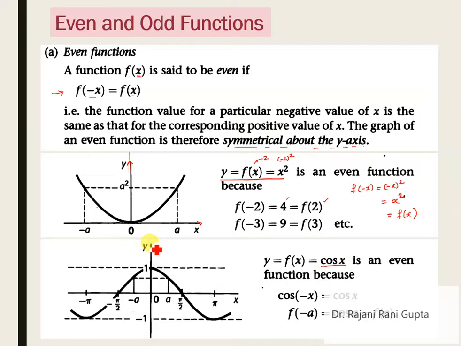Moreover, we can prove these things by the graph. If we look at both sides of the y-axis, it is symmetrical. This curve is symmetrical about the y-axis, or you can say that if you place a mirror over here, this is the mirror image on the other side.